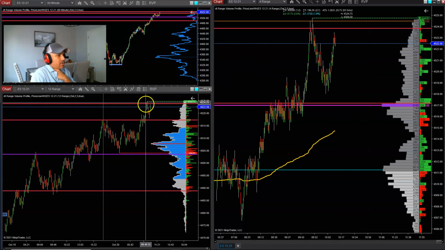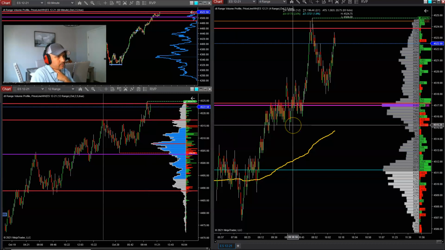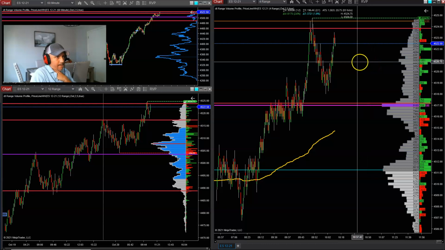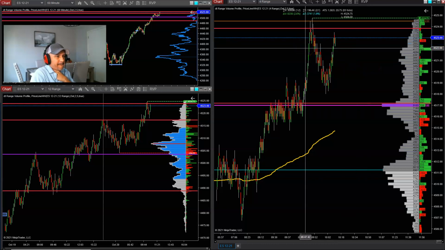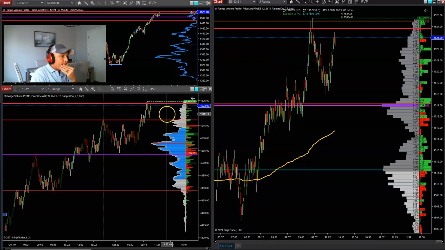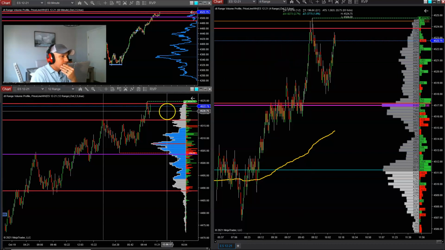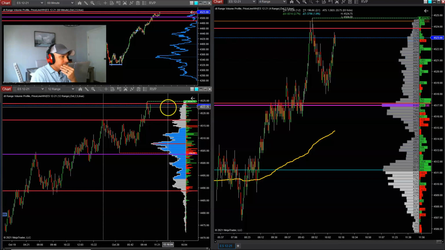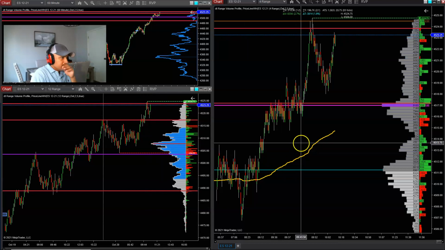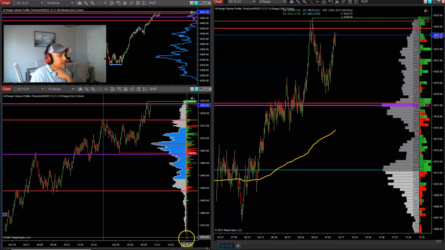So price is in an area where the liquidity is sitting right at the tops now. There's an area of supply. Price is testing the tops right here, the highs right here. So let's see what happens.